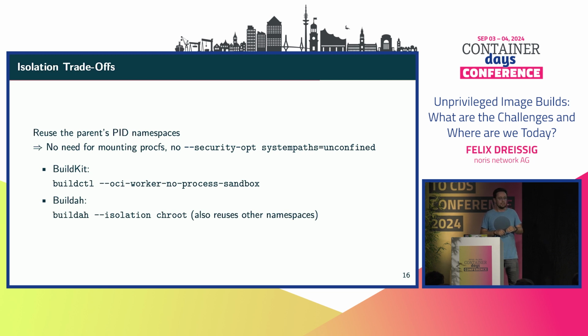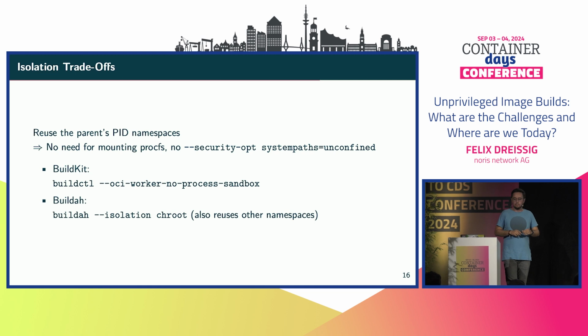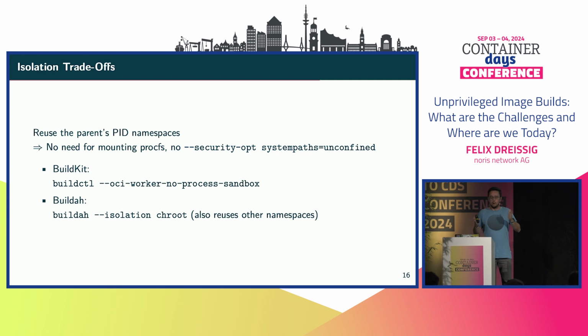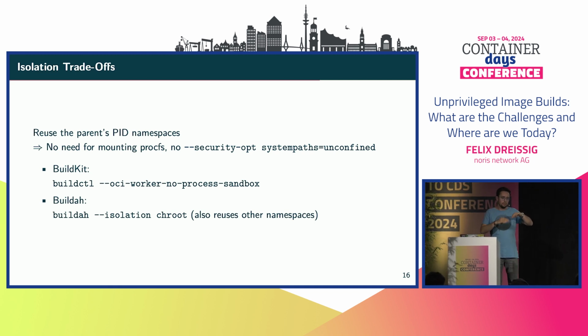And what it basically does is, well, you don't have to do the security-opt systempaths=unconfined Docker option or equivalent for other tools. But you launch your build tool with one of these options. And therefore, you trade more isolation between the host and your build container, your CI job container, for less isolation between the CI job container and the image being built.